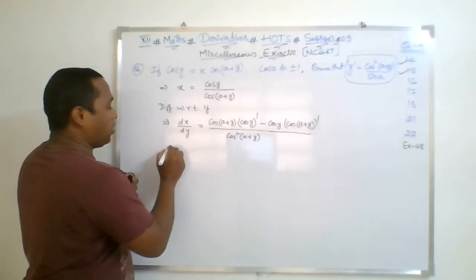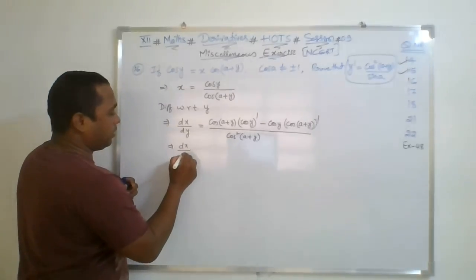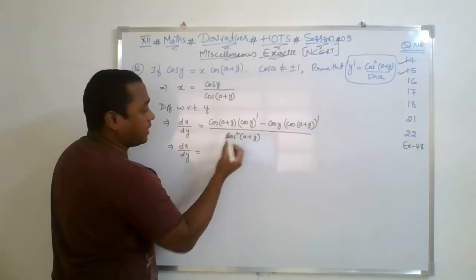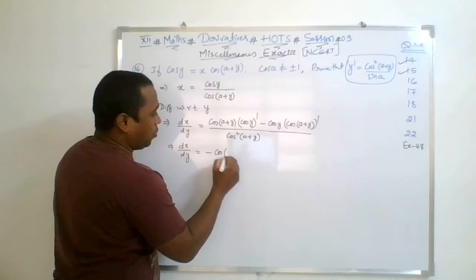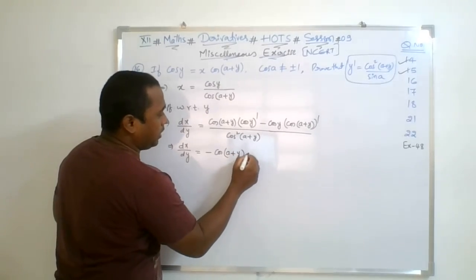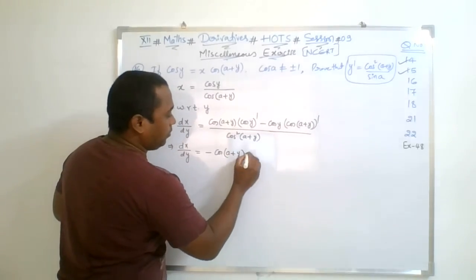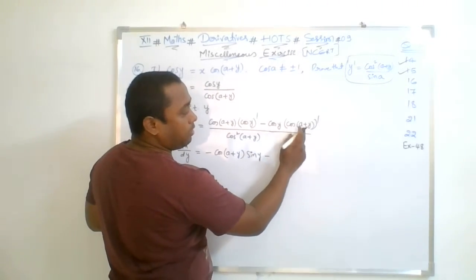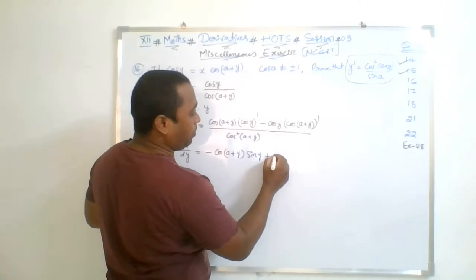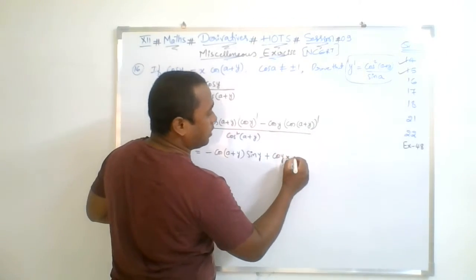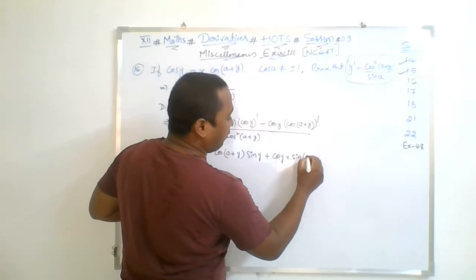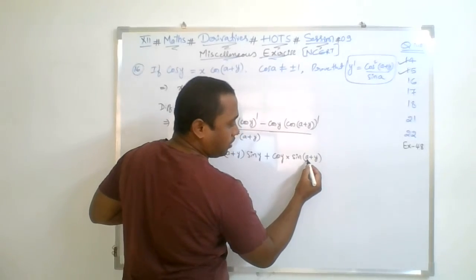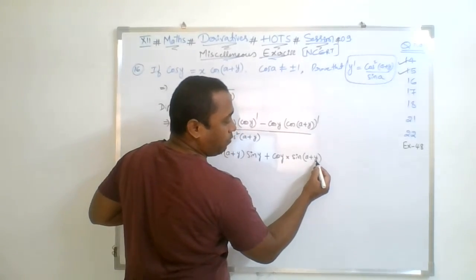Now simply do the derivative. The derivative of cos y is minus sin y, so minus cos of (a plus y) into sin y, minus cos y times the derivative of cos of (a plus y), which is again minus sin, so it becomes plus cos y into sin of (a plus y) into the derivative of the inside, which is 1, because the derivative of the constant is 0 and the derivative of y is 1.